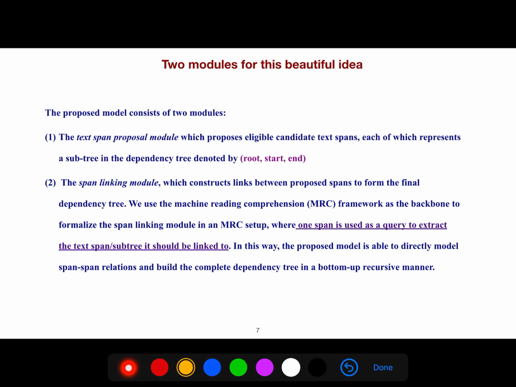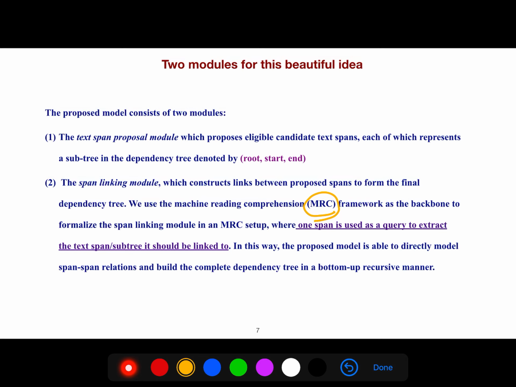And so as I said, the text span proposal module proposes eligible candidate text spans, each of which represents a subtree in the dependency tree. And the span linking module constructs links between the proposed spans to form the final dependency tree. We use machine reading comprehension as the backbone to formalize the span linking module.